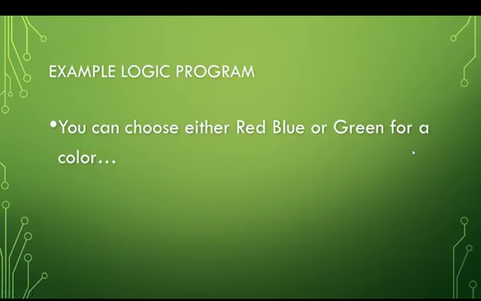All right, let's go ahead and write another example logic program. We're going to arbitrarily say that you have to choose a color, and it has to be red, blue, or green, and you can't choose any other color. So we have an exclusive set of three options. Once we've eliminated two of the options, we'll know that you picked the third.